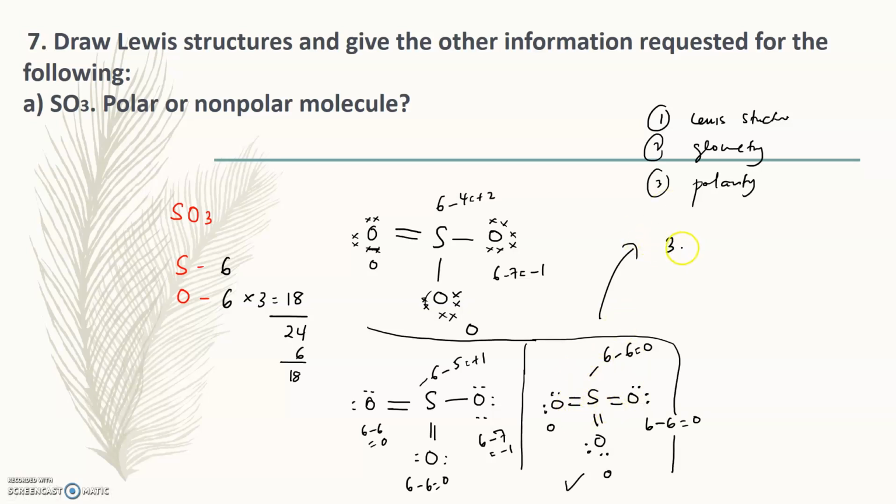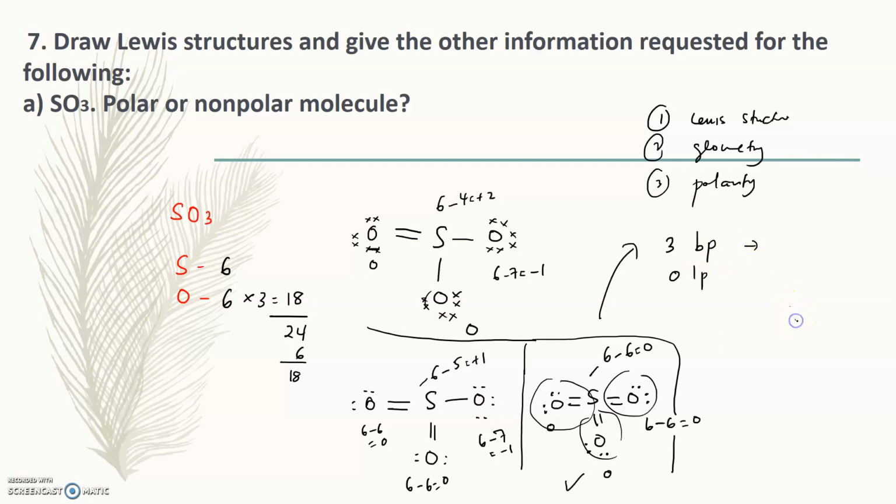So there are 3 bonding pairs, or 3 bonded atoms towards the central atom, no lone pair on the central atom. So the geometry, if 3 bonding pairs, is trigonal planar.